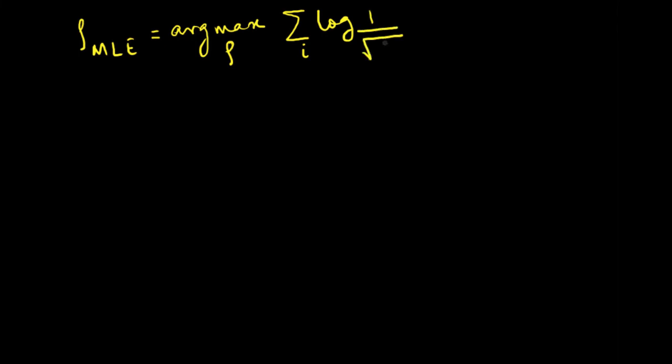The rho MLE is equal to arg max over rho of summation over i log of 1 by root over 2 pi sigma square plus summation over i log of e power minus epsilon i square by 2 sigma square.